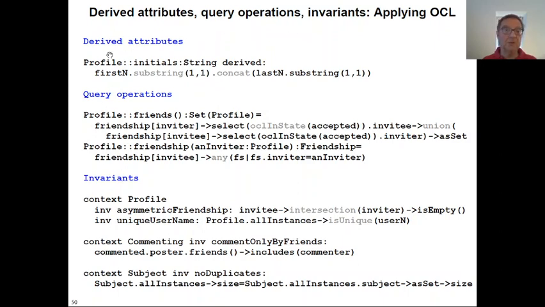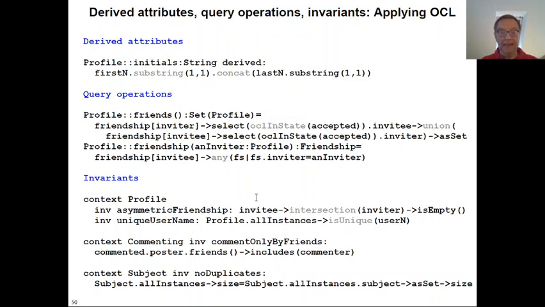Okay, OCL expressions are used for derived attributes, for query operations, and of course OCL expressions can be used for invariants. In the class profile there are two invariants. The first invariant is asymmetric friendship, and the requirement here is that friendship is asymmetric.